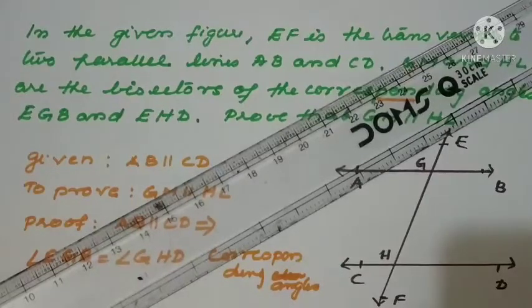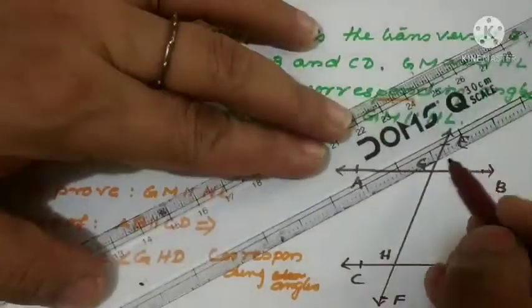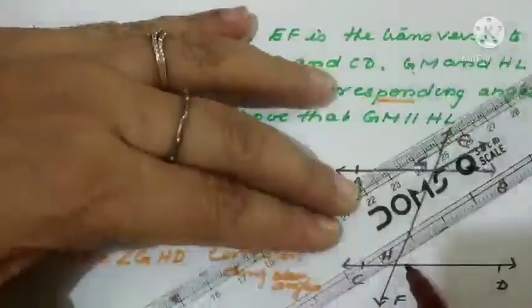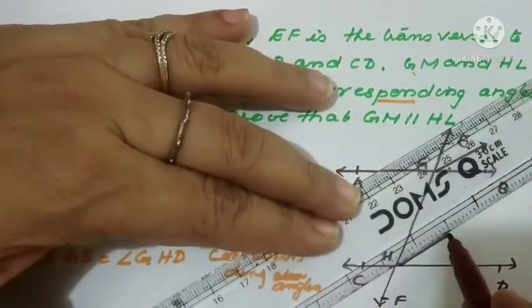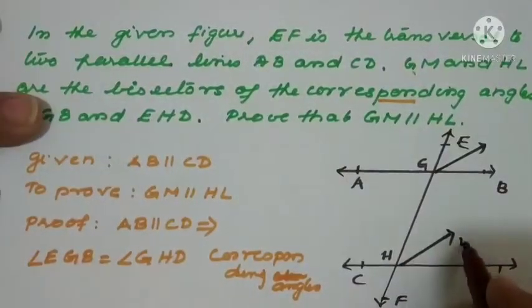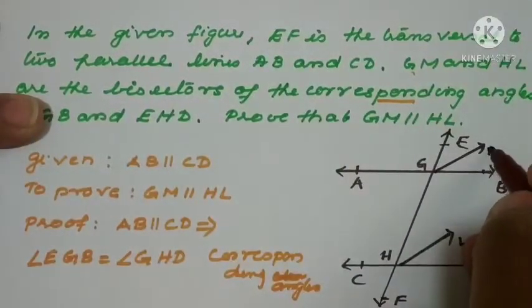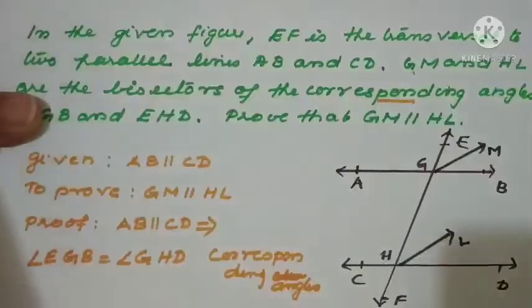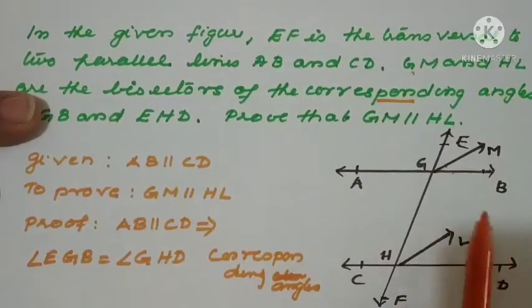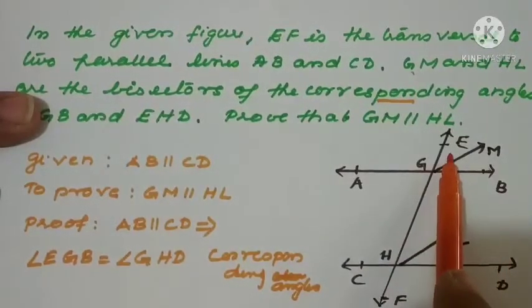So I'll complete now. GM is given already. I have not drawn GM and HL, so I'll write here L and here M. Now we have to prove these two are parallel. Suppose it is parallel, above the line which angle is coming?